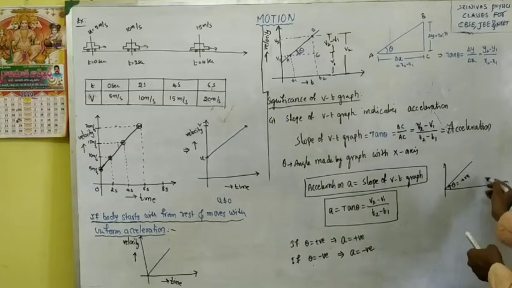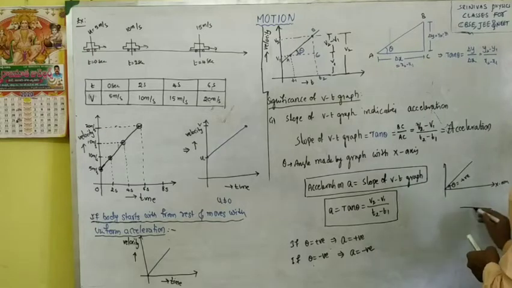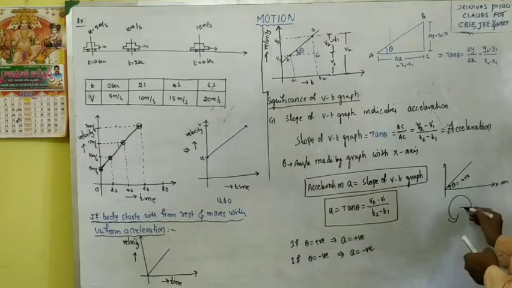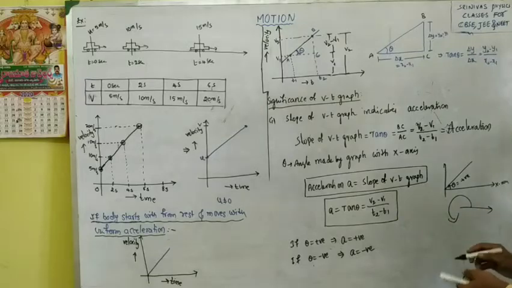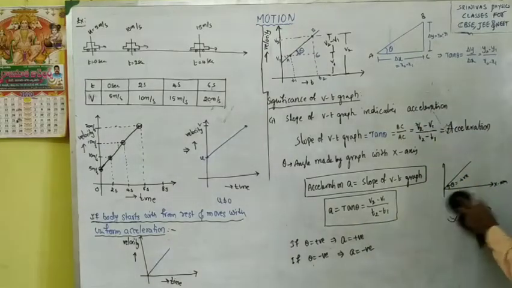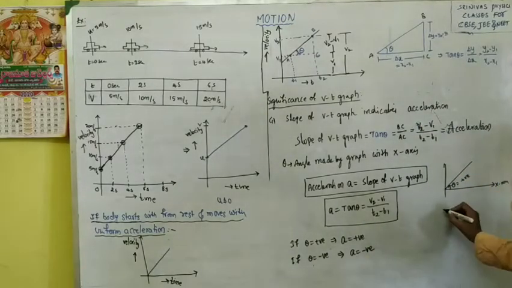This is an anti-clockwise angle with the positive x-axis, and anti-clockwise angle we will take as positive. In the last class also we discussed the same thing.